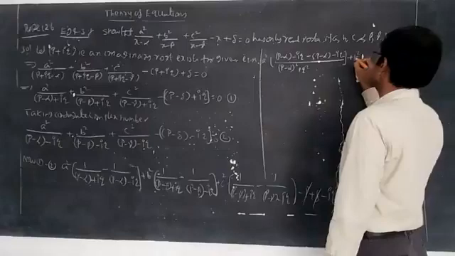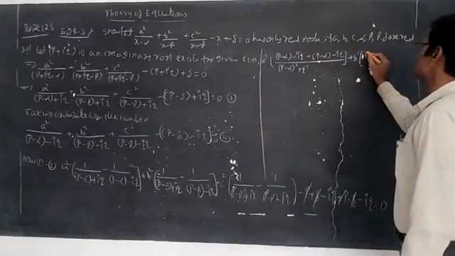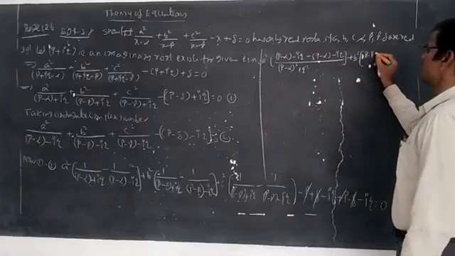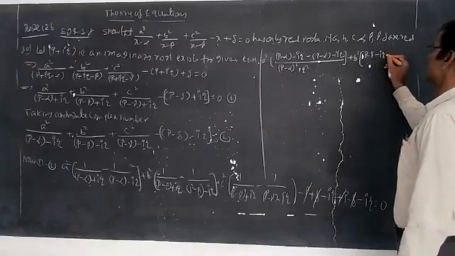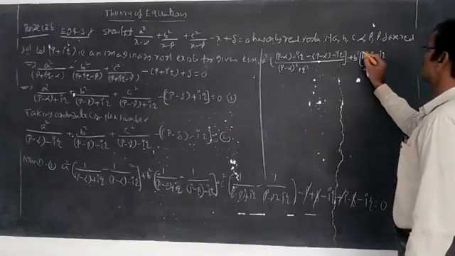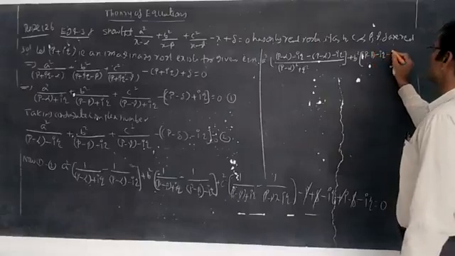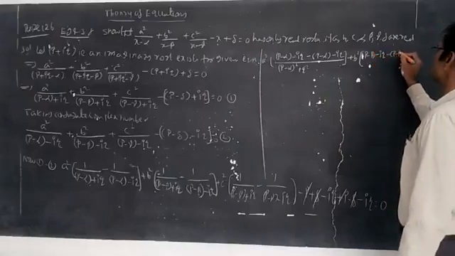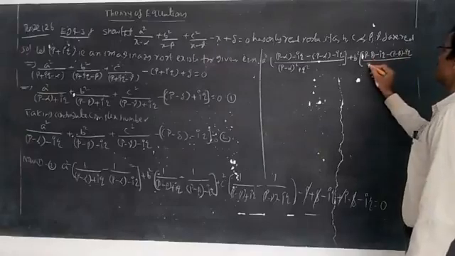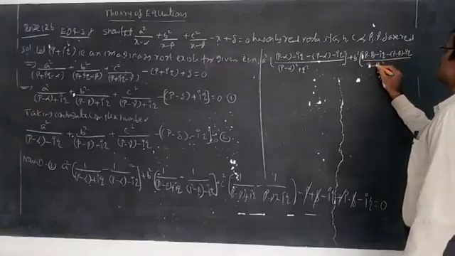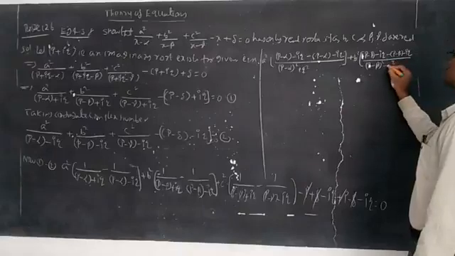Next b square into p minus beta plus iq minus of p minus beta minus iq, whole by p minus beta whole square plus q square.